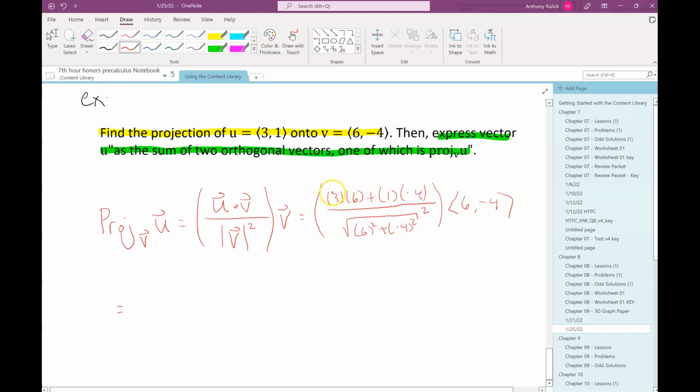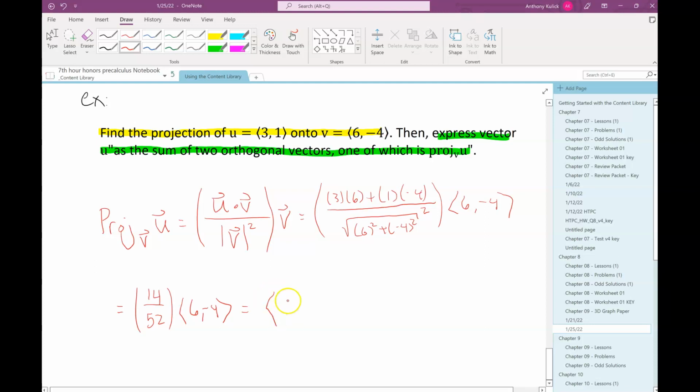So let's see. 3 times 6 is 18. 1 times negative 4 is negative 4, so that's really 14. 6 squared is 36. Negative 4 squared is 16. 36 plus 16 is 52. Note the squared and the square root cancel each other out. I could reduce that fraction. Really, I'm going to think about that as 7 over 26.